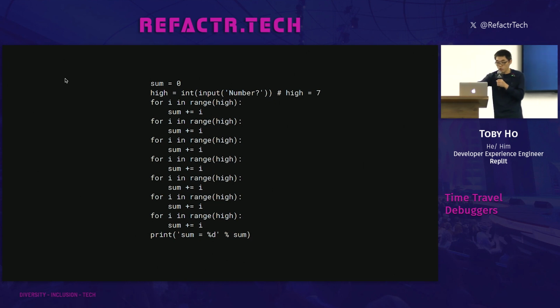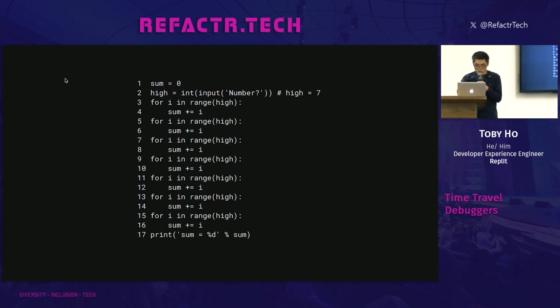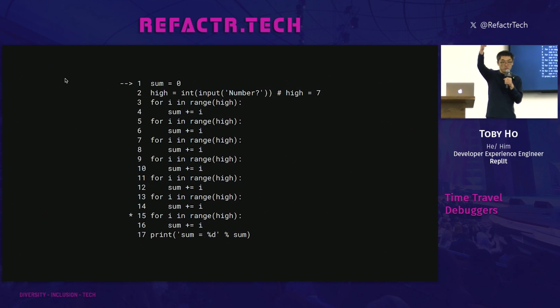Now we're going to unroll the loop, and we're going to number every single statement. So let's say now we use a step debugger, and we're paused on line 16. If we want to walk backwards in time, what we can do is set a breakpoint at line 15, and we start over from the beginning. And we hit 15 again, and now we have simulated going backwards in time.